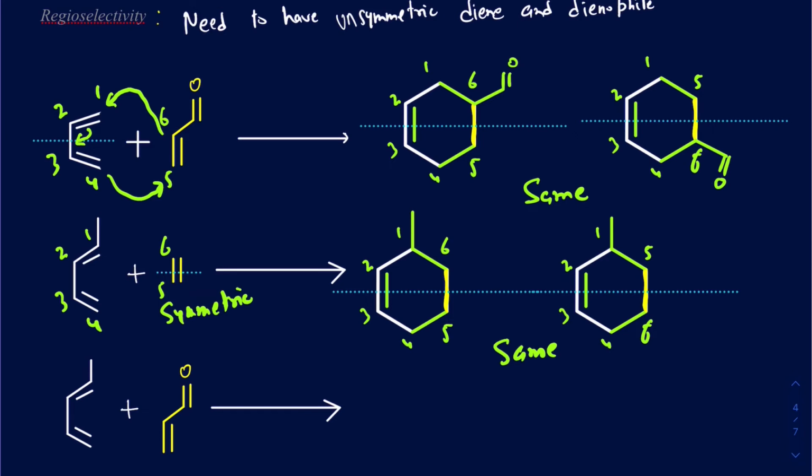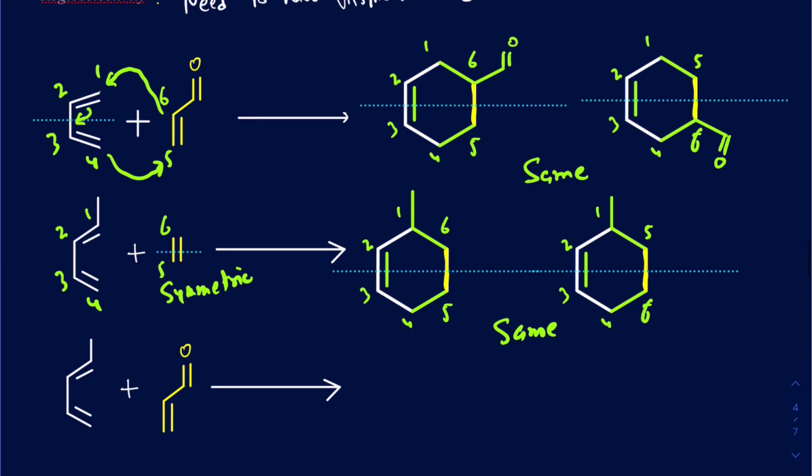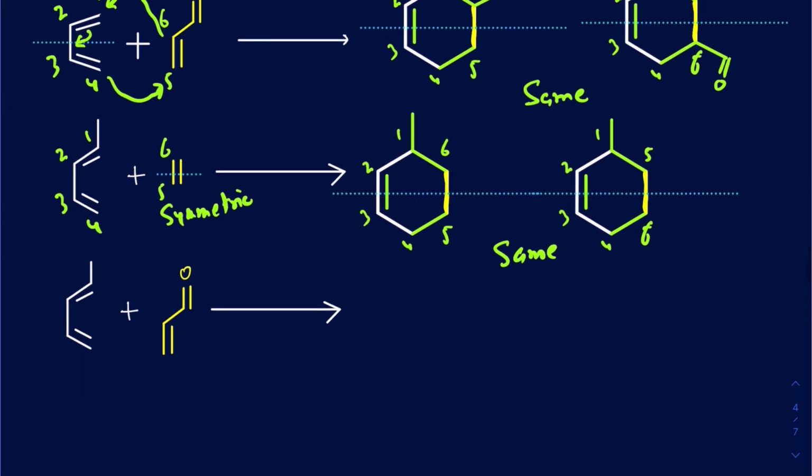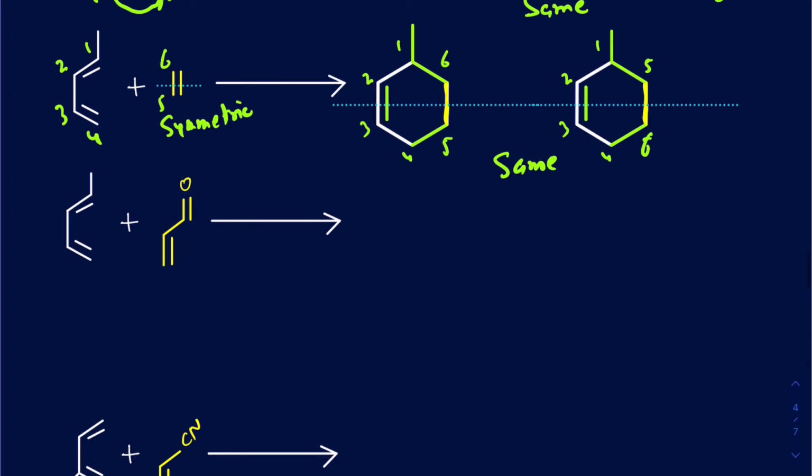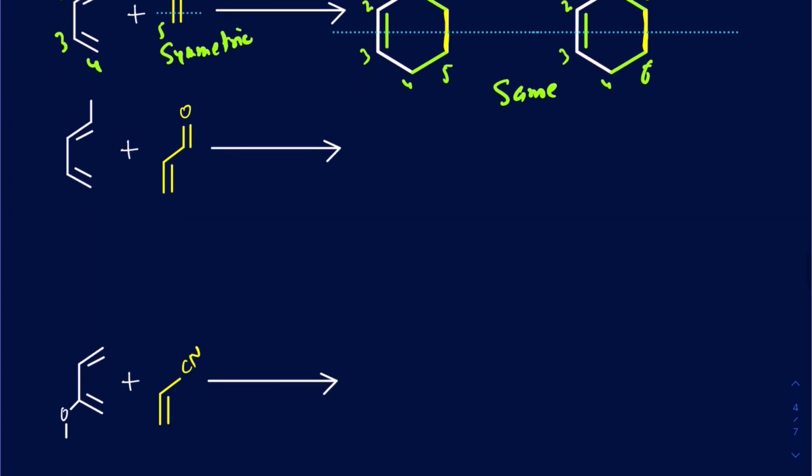Now, the regioselectivity really takes place whenever you have an unsymmetric diene and an unsymmetric dienophile, like I have in this next example. How does this play out in that particular case? Here you have to worry a little bit about the resonance in these guys. I know my alkyl is an electron donating group by inductive effect, so it's going to donate electrons.